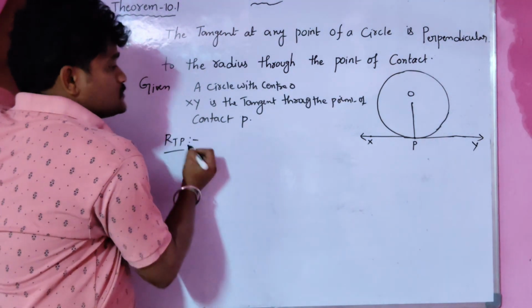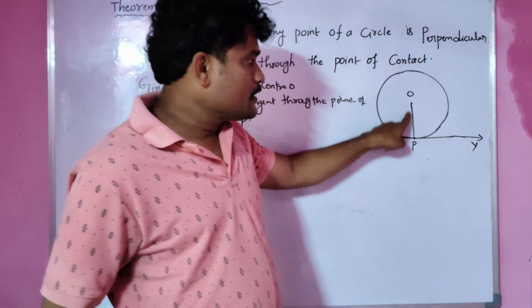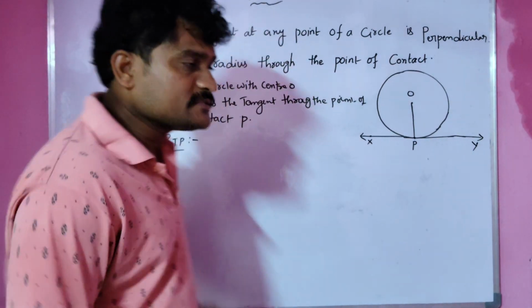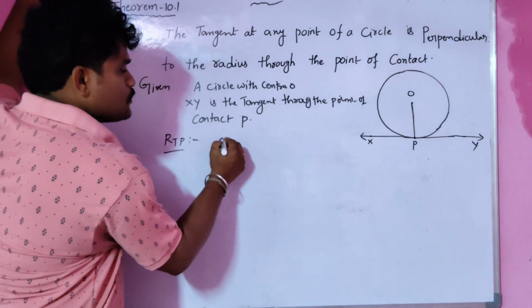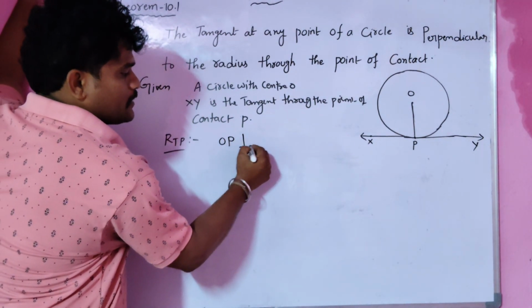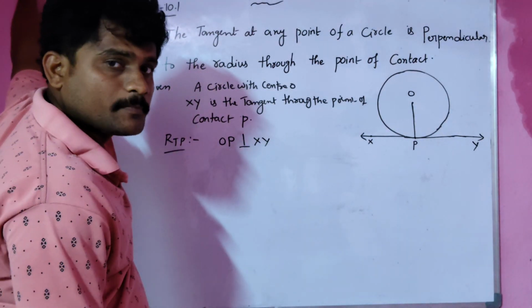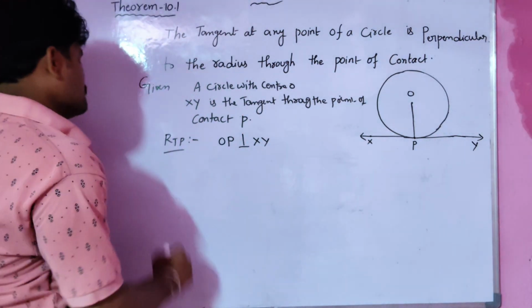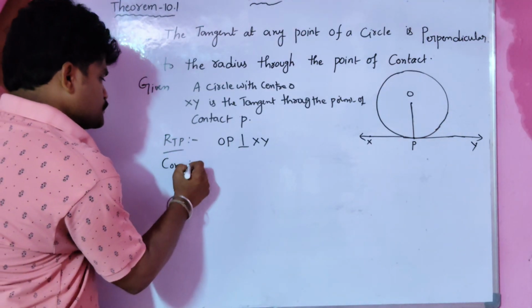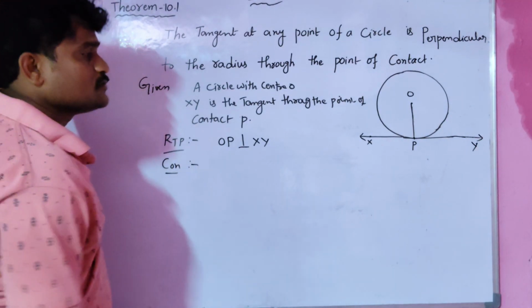So what do we need to prove? The radius OP is perpendicular to tangent XY. We need to prove this: OP is perpendicular to XY. And we need a small construction to prove OP is perpendicular to XY.